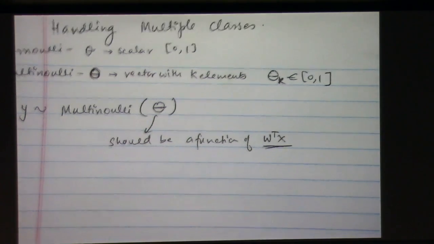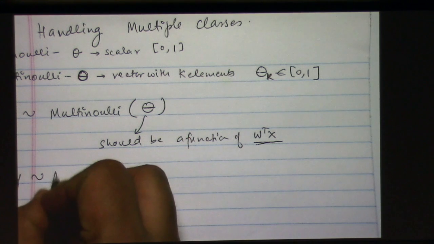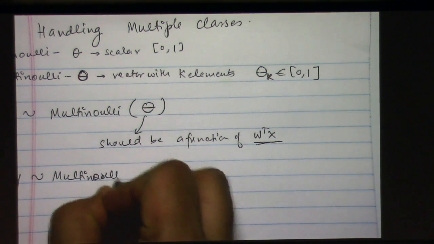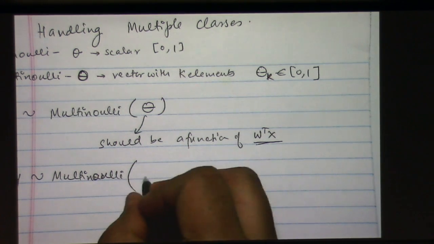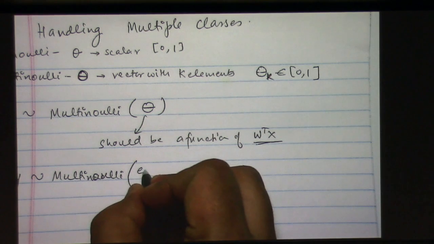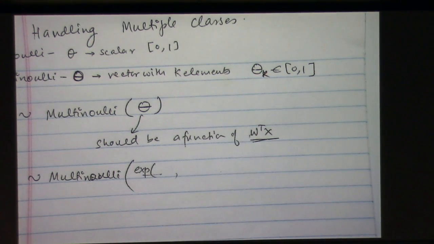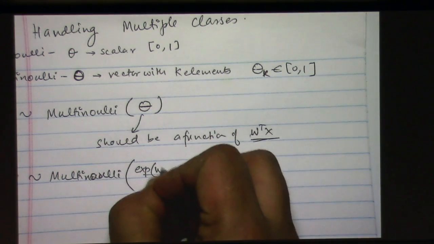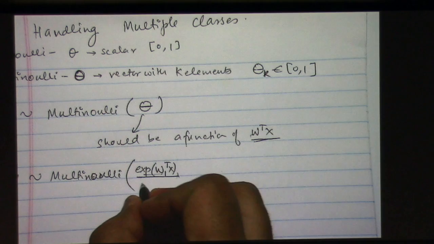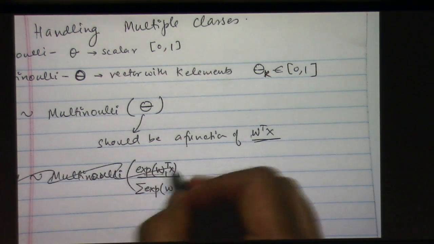So we say that y is multinoulli with a vector, and each entry here is exp. Now instead of one weight vector, we'll have k weight vectors, right? So we'll have w1 transpose x over the summation. I'll not write it that way.